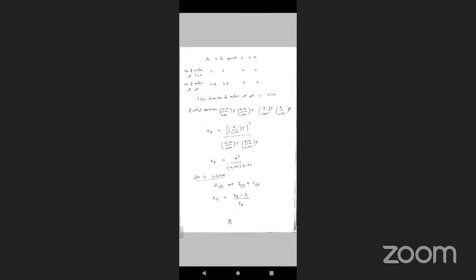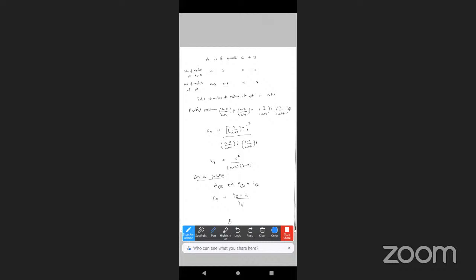So when delta n equals 0 for the reaction, suppose A plus B gives C plus D, which are all gases, we can write Kp equals Pc into Pd, the partial pressures of C and D, by partial pressure of A into partial pressure of B. For this reaction, this is an important derivation, though you need not remember all of it; I have written it simply for understanding.